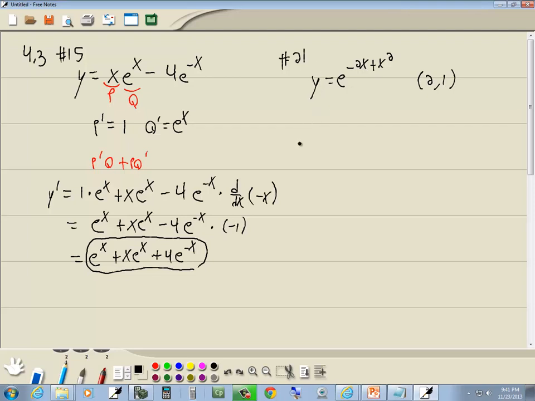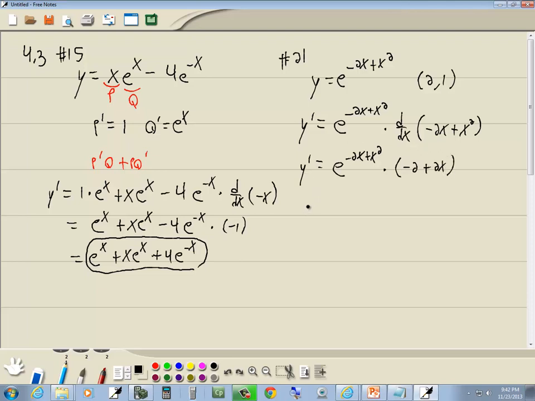Well, for our derivative, the derivative of e to a power is the same thing, it doesn't change, times the derivative of the exponent. So we got y prime is equal to e to the negative 2x plus x squared times the derivative of that, which gives us negative 2 plus 2x.